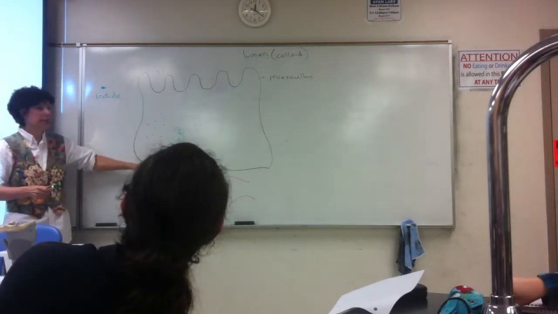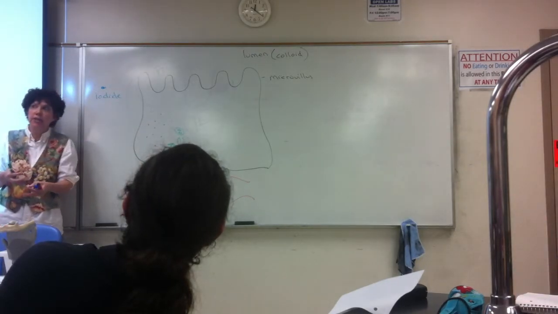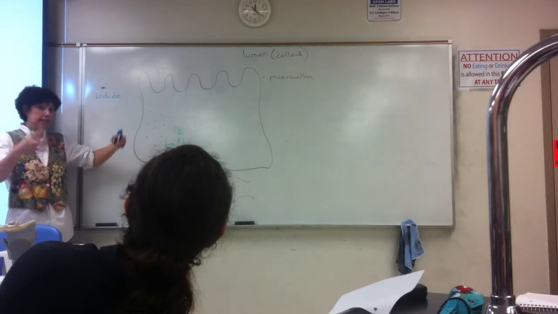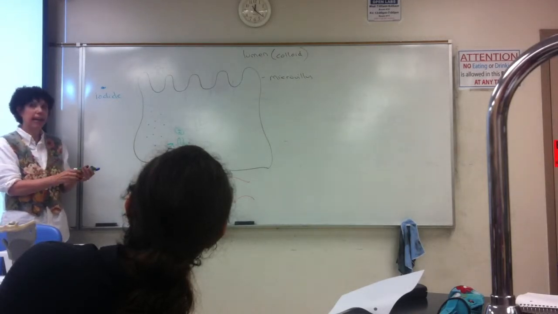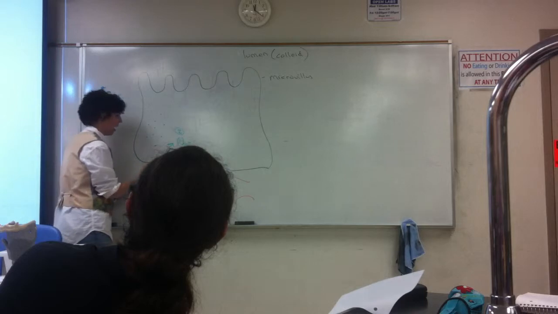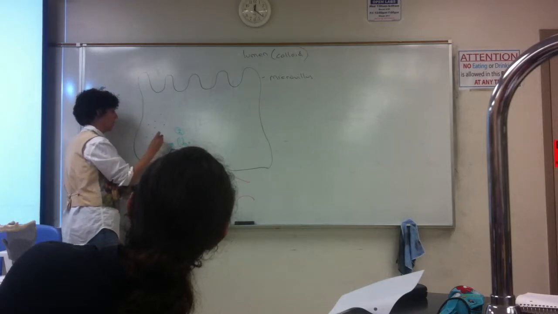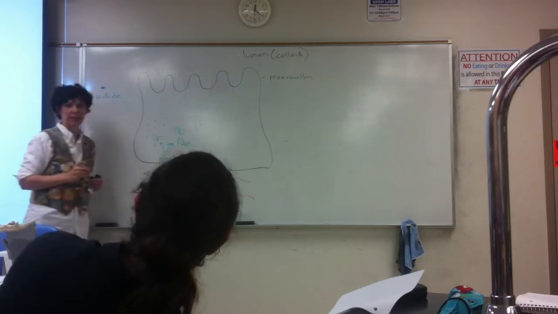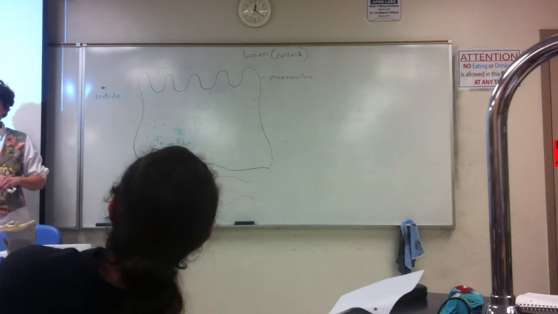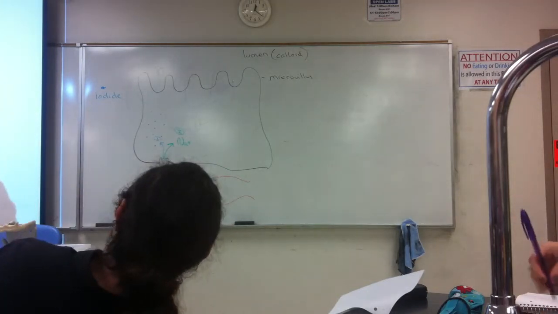And by the way, it changes the shape and the charge characteristics of the inside of the channel. It will drag with it, up its gradient, an iodide molecule. So this is a sodium iodide pump that doesn't use ATP. Is it because they're opposite attracted, so they're attracted to it? That would be part of it.